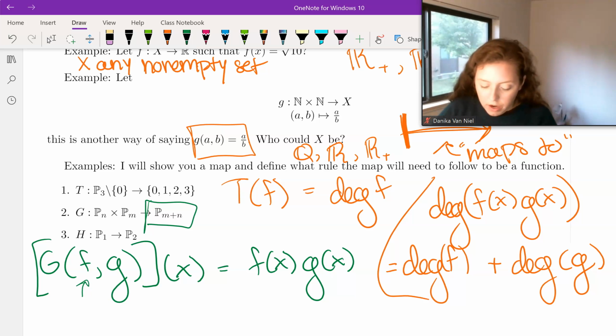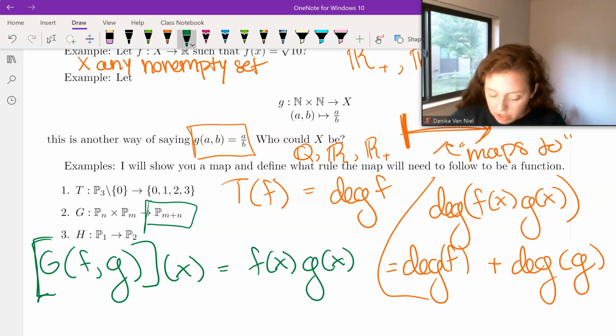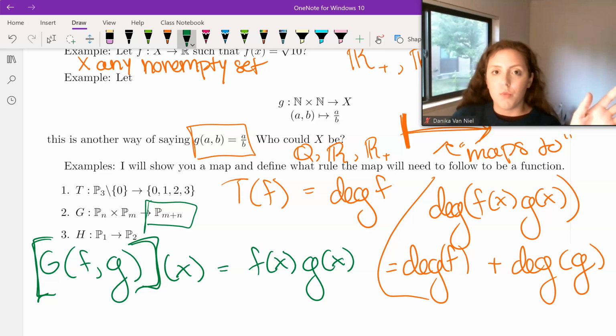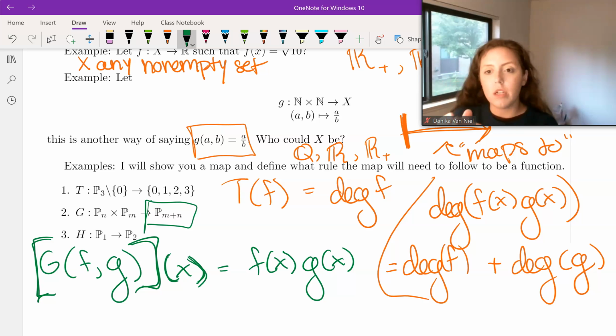And now what else I would like to say is about these brackets. So g sends functions to functions. So g has nothing to do with the variable. That's why the variable x is out here, because g only deals with functions. So g takes in these functions and then spits out another function.